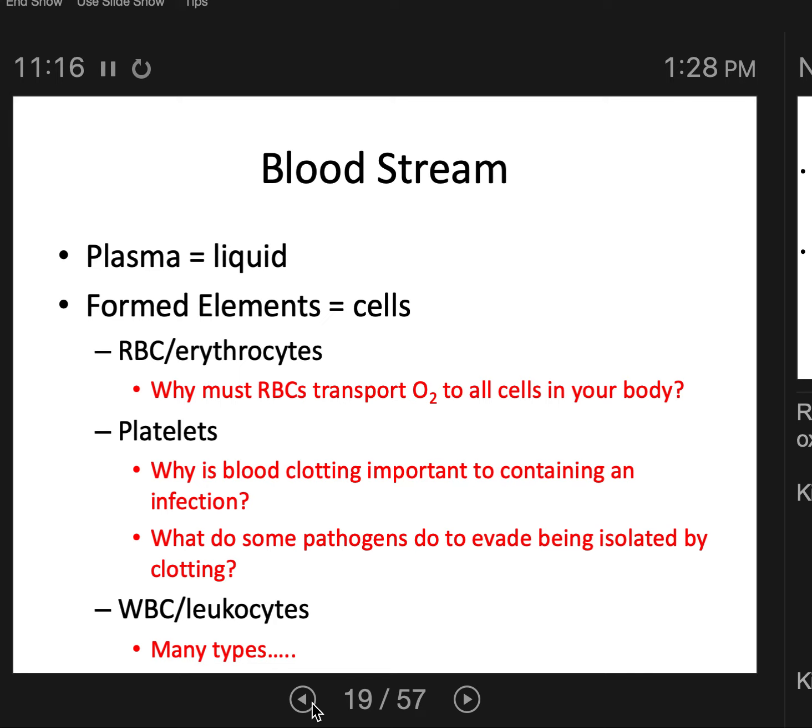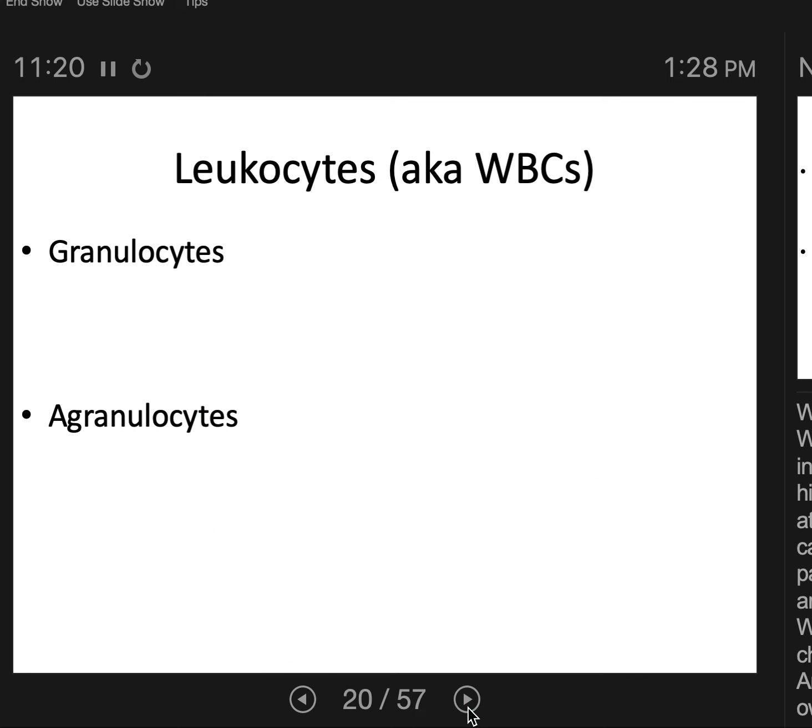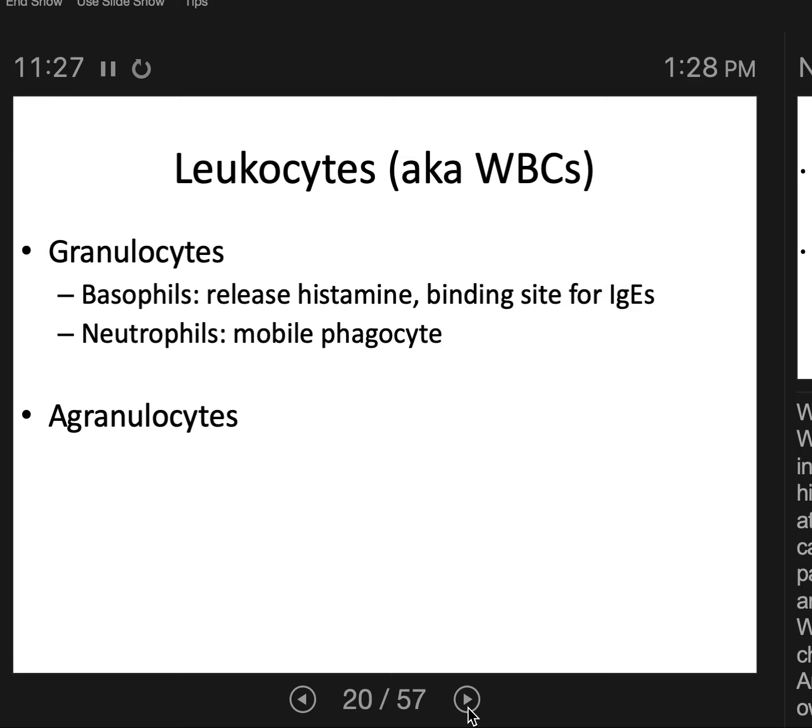Platelets help with blood clotting, and white blood cells, which are all your immune cells. They include granulocytes and agranulocytes. Granulocytes are part of the innate immune system. They include basophils, which release histamine for inflammation, neutrophils, which are mobile phagocytes, eosinophils, which produce toxins against eukaryotic parasites. Then you have agranulocytes.